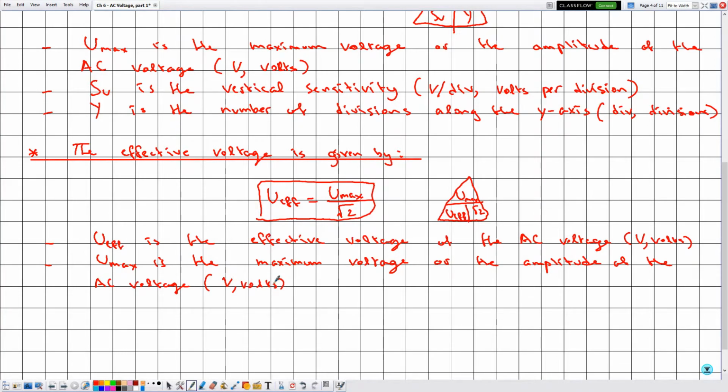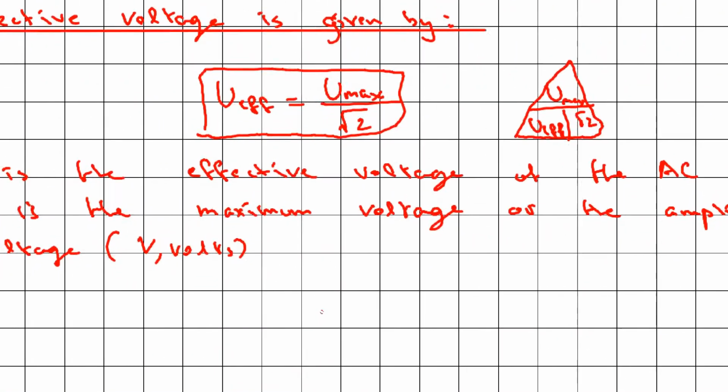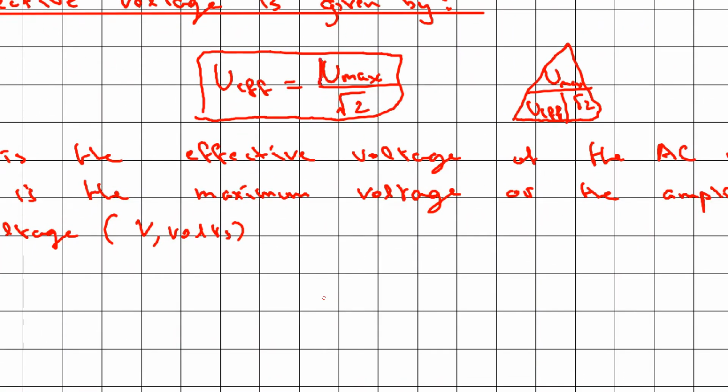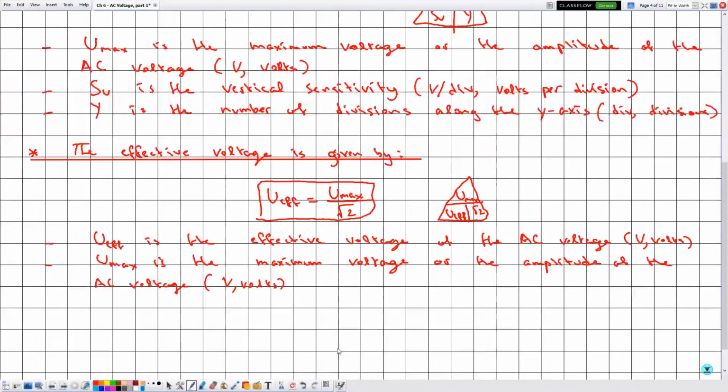Now here also, because in the previous part we have determined that the maximum voltage is given by 6, then U effective can be calculated directly, which is 6 divided by radical 2, and we can plug this on the calculator.